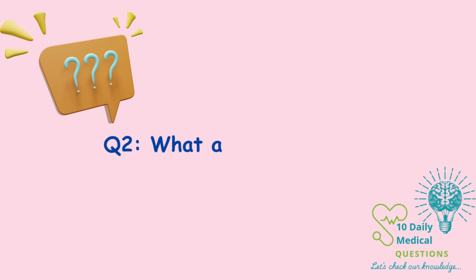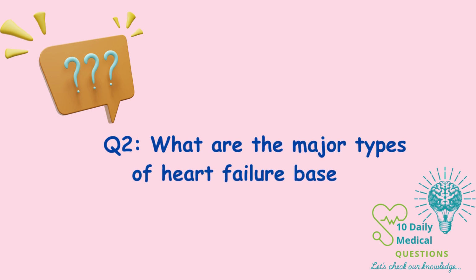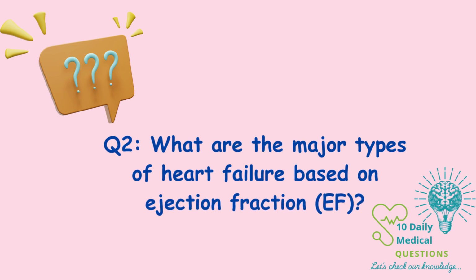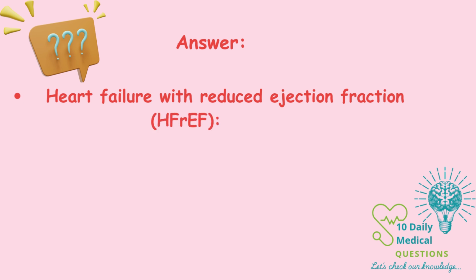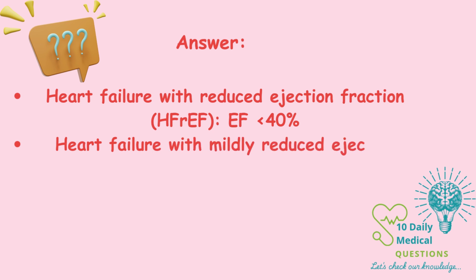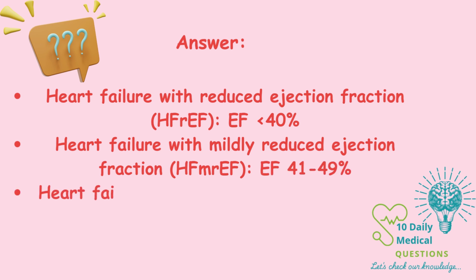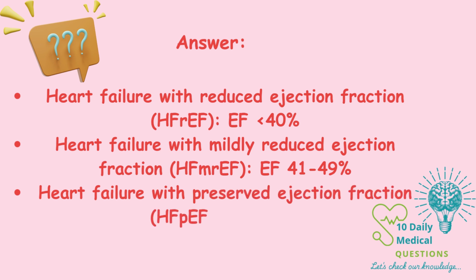Question 2. What is the major type of heart failure based on ejection fraction? Answer. Heart failure with reduced ejection fraction, EF less than 40%, heart failure with mildly reduced ejection fraction, EF between 41 to 49%, heart failure with preserved ejection fraction, greater than or equal to 50%.